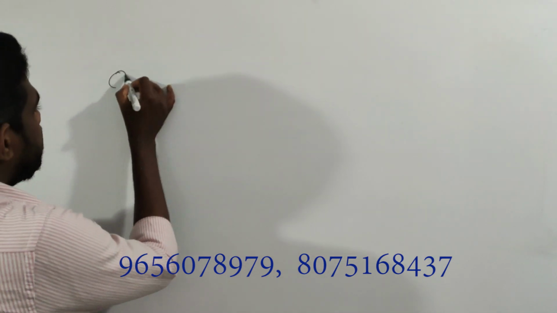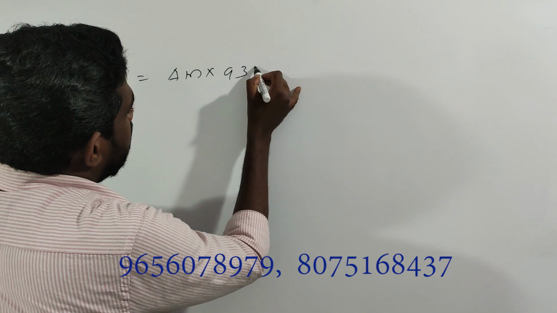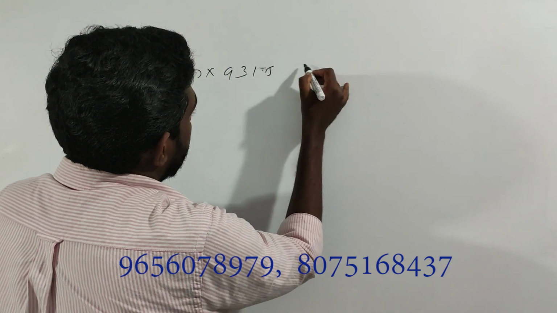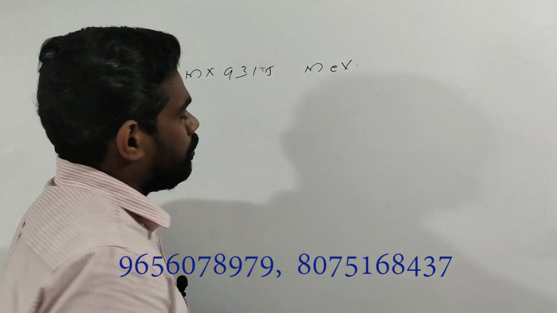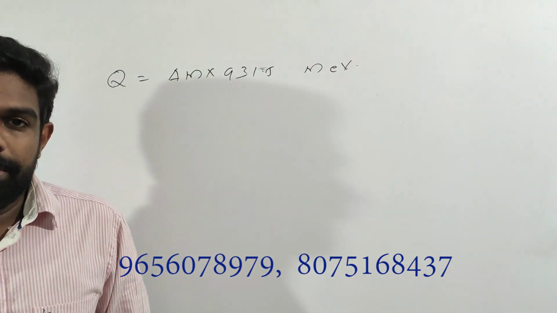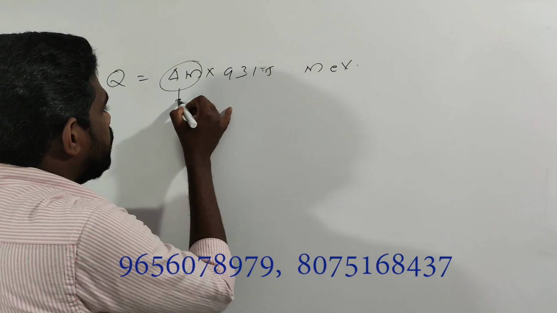What is Q? Energy of reaction equals delta M into 931.5 mega electron volt. This is the equation for Q, energy of the reaction. What is delta M? It is the mass defect.